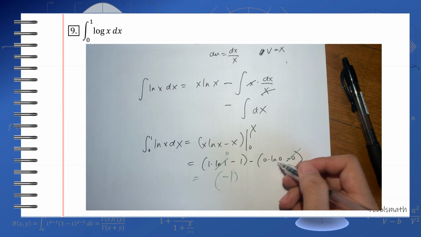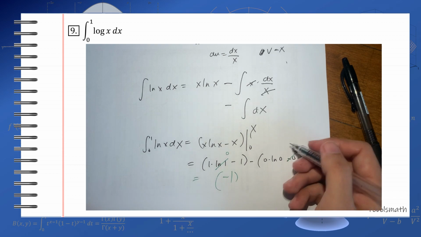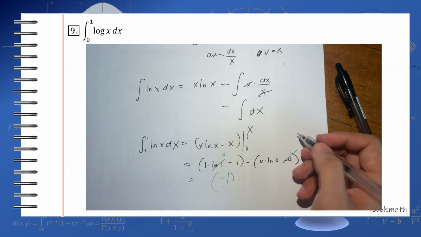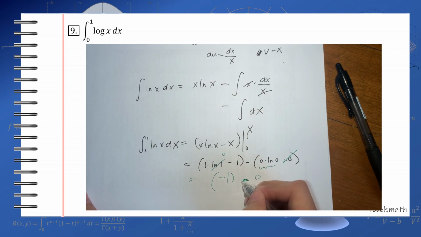This one is a bit tricky. We actually have to use L'Hopital's rule for this one, but I leave that up to you, and the value of this is just 0. So essentially that's negative 1 minus 0, it's negative 1.